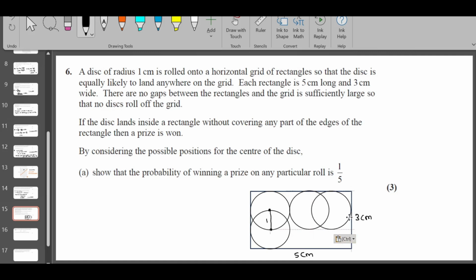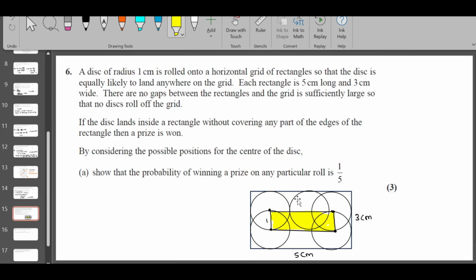It cannot go outside the rectangle, it cannot cover any of the edges. The same way the disc can land here also. So as long as the center is inside this little rectangle, that means if the center of the disc is inside this highlighted rectangle, you get a prize, right?